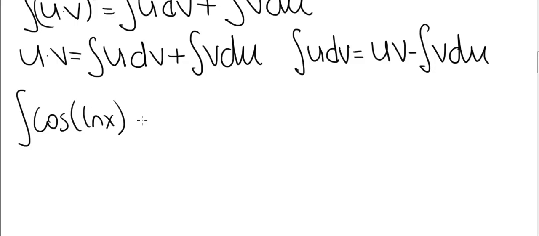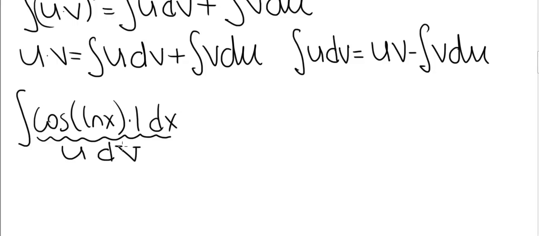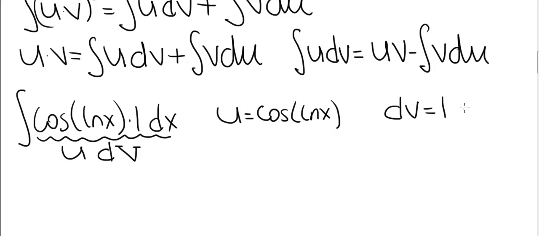I'm going to write it as the integral of cosine ln of x times 1 dx. We have to decide what is u and what is dv. There's really one choice. u has to be cosine of ln of x, because if it's not, then dv has to be cosine of ln x. To go from dv to v, we have to integrate, which is what we're trying to do in the first place, so dv has to be 1.